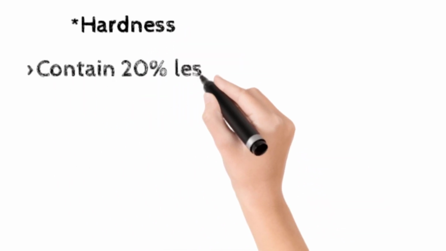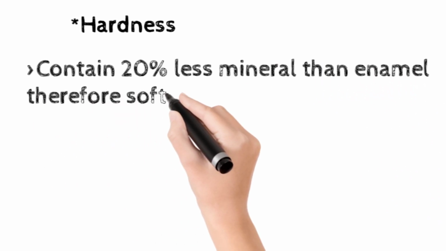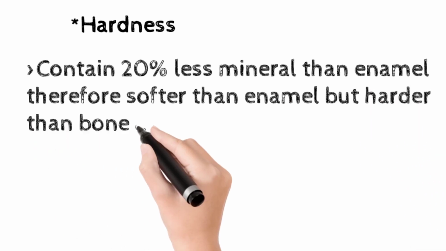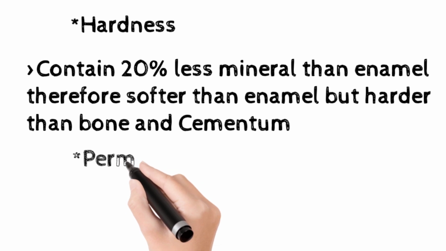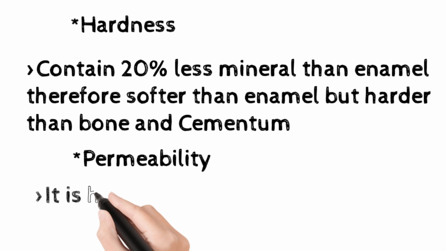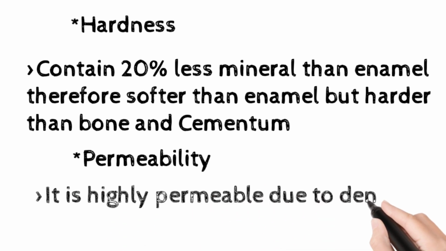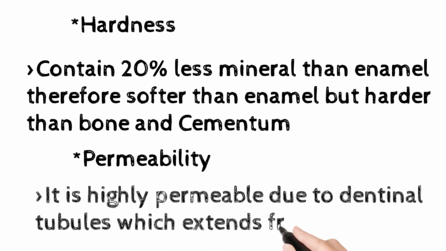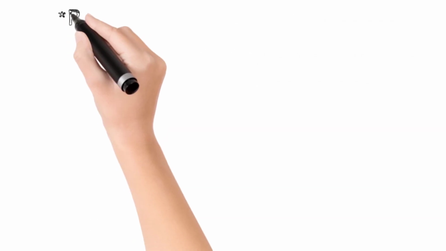Dentin contains 20% less mineral than enamel, therefore it is softer than enamel but harder than bone and cementum. Next is the permeability. It is highly permeable due to dentinal tubules which extend from the dento-enamel junction to the pulp.